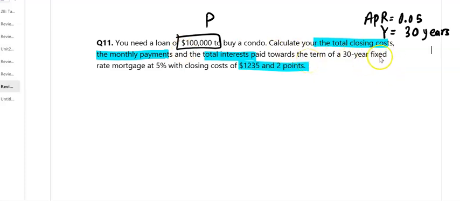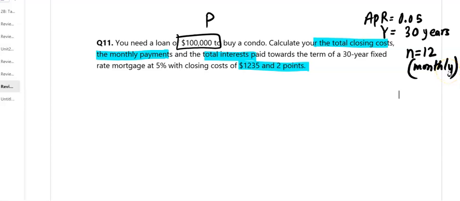When you get the loan from the bank, you pay monthly. So n equals 12, it's called monthly. We pay 12 times a year, so you put n equals 12.